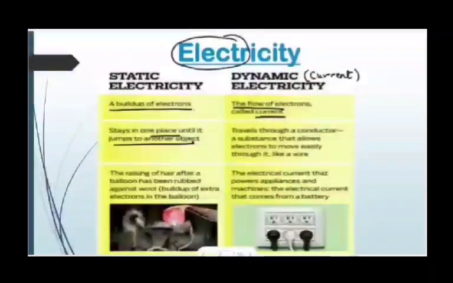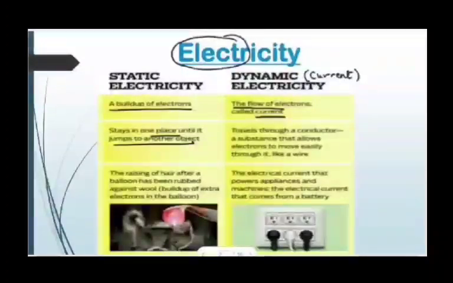If we take a plastic ruler and rigorously rub our hair with it, the electrons get transferred. The electrons jump to the plastic ruler, and how do we come to know about this? Bring some bits of paper close to it, and the paper bits cling to the plastic ruler.